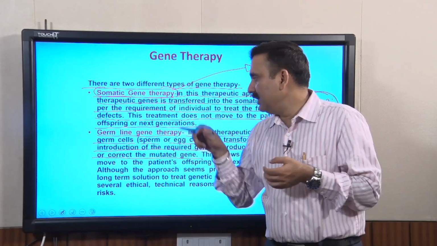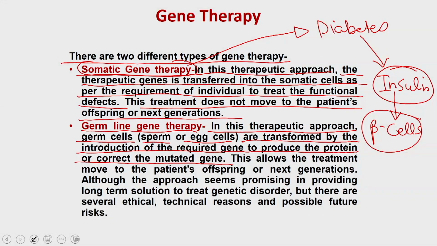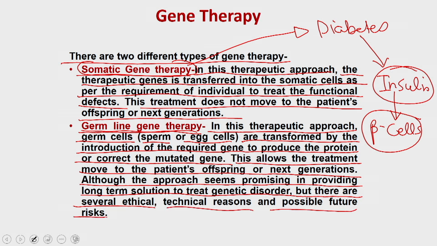So, any kind of gene therapy done in the germline is going to propagate for many generations. This allows the treatment to move to the patient's offspring or to the next generation. Although the approach seems promising in providing a long-term solution to treat genetic disorders, there are several ethical and technical reasons and possible future risks.